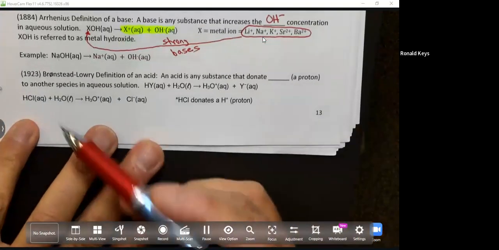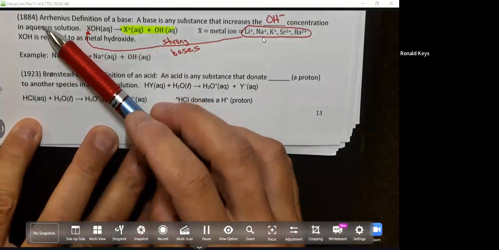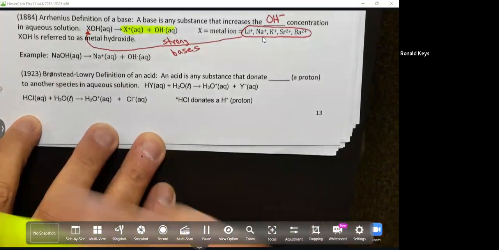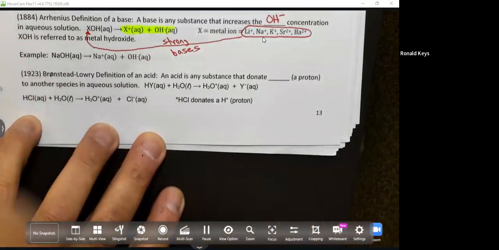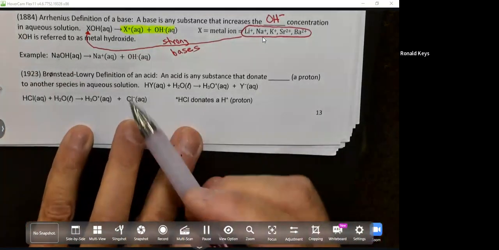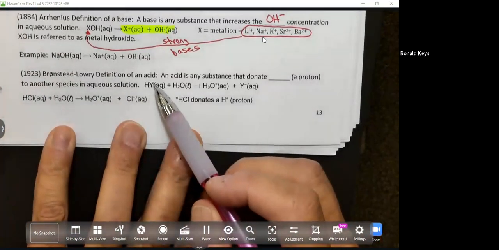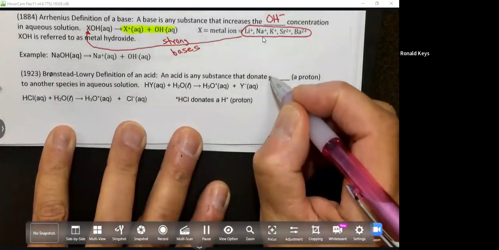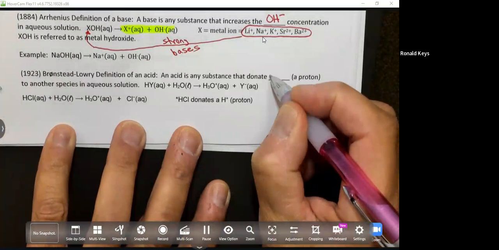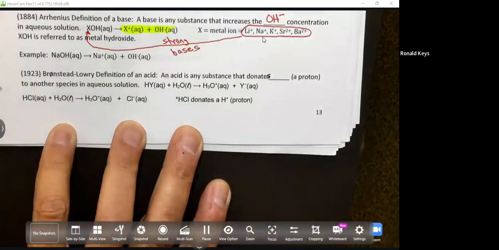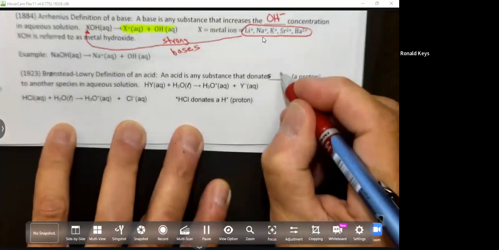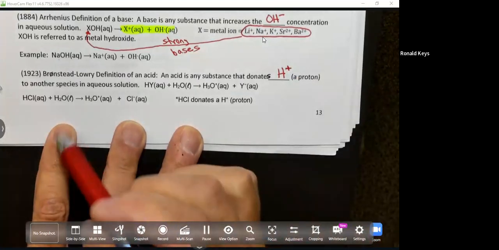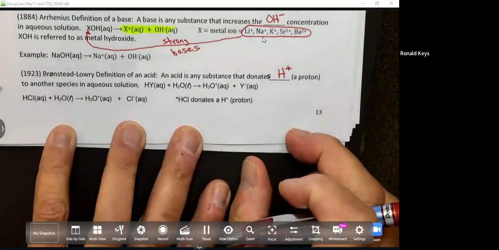Well, after this, 1884, we go a long ways, and then they have to expand the definition of an acid. Bronsted-Lowry definition: any acid is any substance that donates H plus, a proton, to another species in aqueous solution.